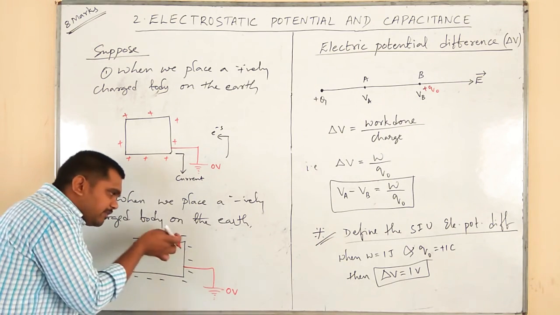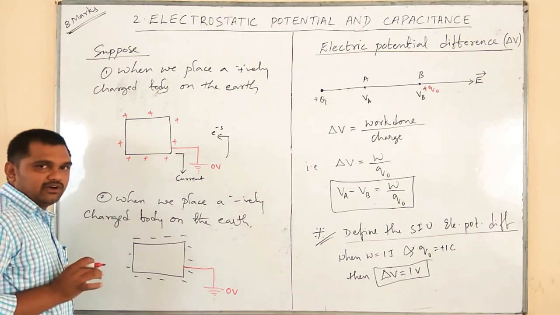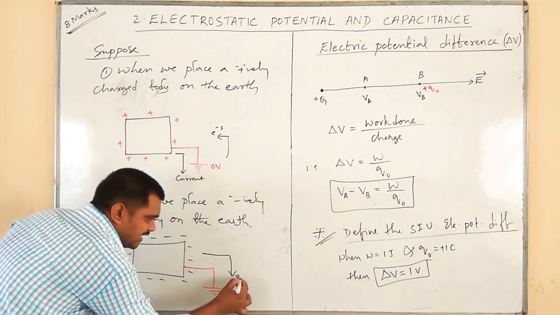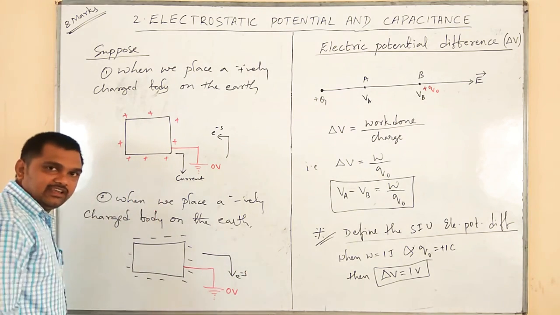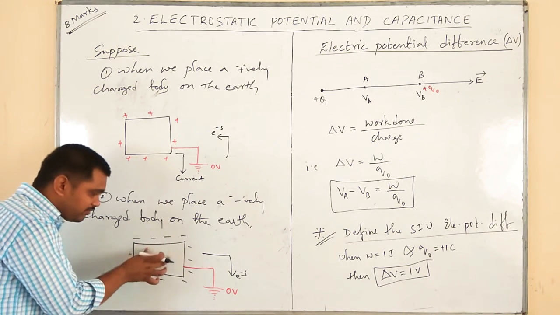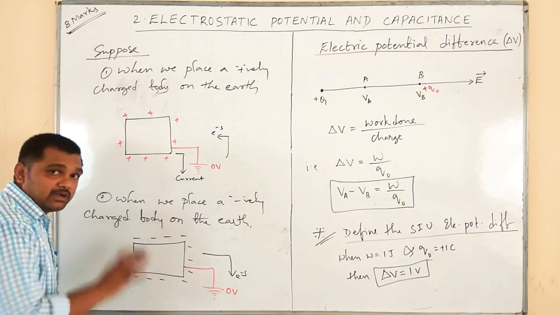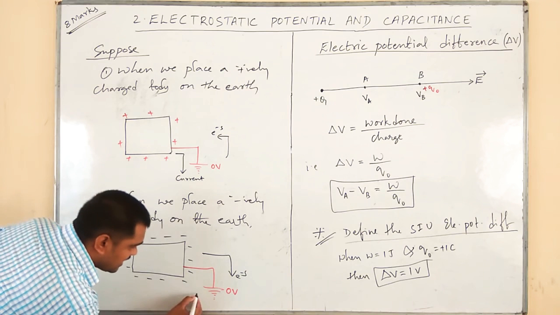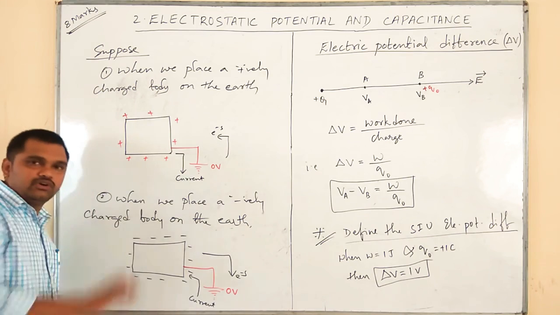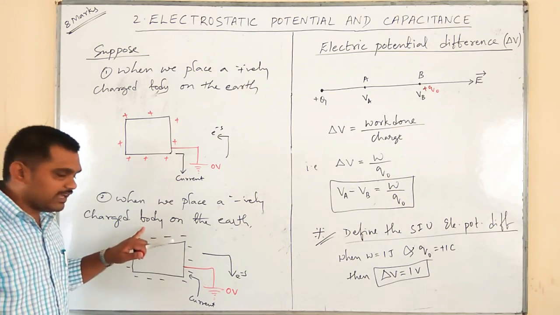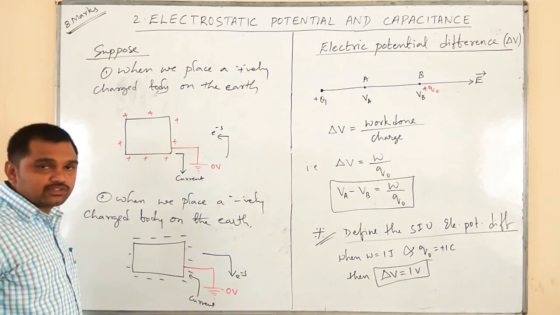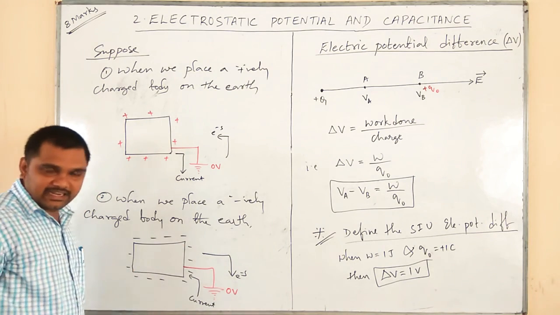Its intention is to make its potential 0. Therefore, it will take the electrons from the body. As soon as the electrons get removed from this body, it will become neutral. It means current will flow from earth to body. Therefore, when compared to the negatively charged body, the potential of earth is more. It is obviously true that 0 is greater than negative.